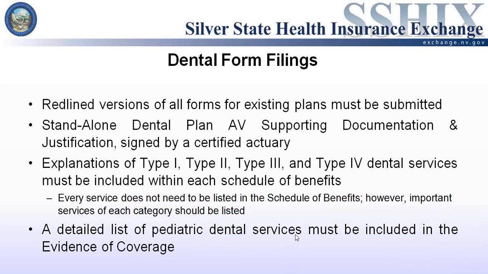If you're not sure what that set of D codes is that's required, we do have that posted on the Division of Insurance website. I think that's more for any new dental carriers that may be interested in selling certified dental plans. If you haven't seen that benchmark plan that was chosen, it's the CHIP plan that was in existence in 2012. It's not the federal plan that was an option back then.